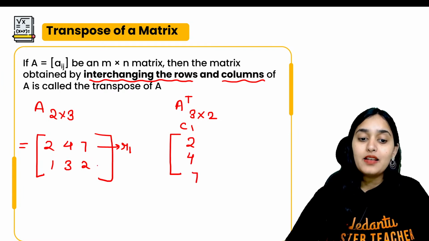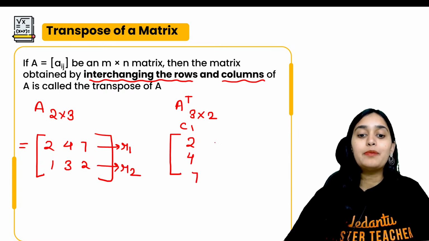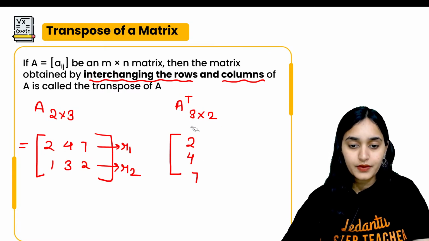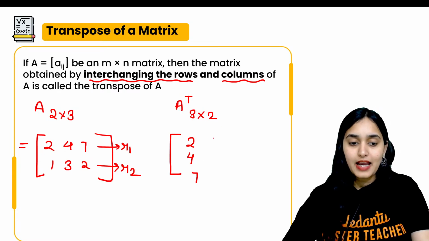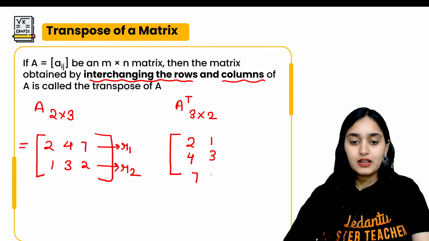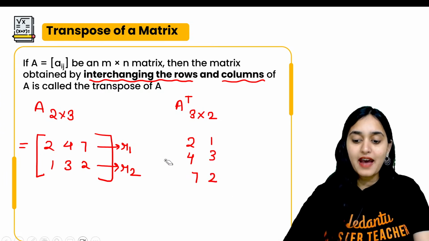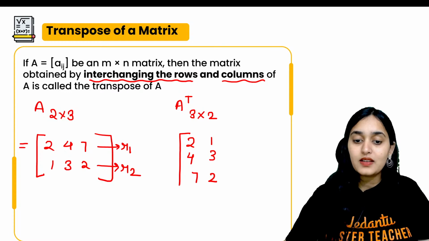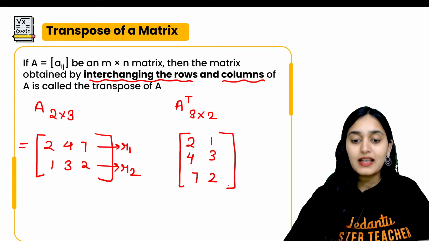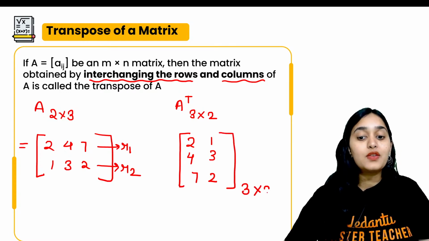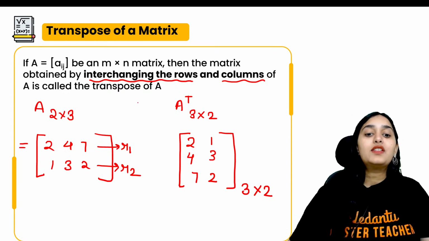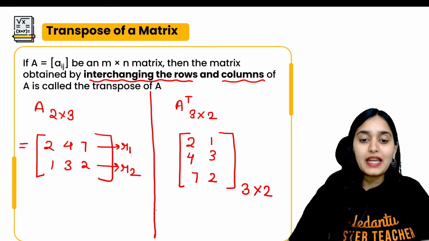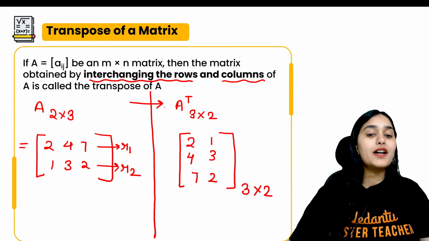Similarly, row 2 will become column number 2, so I will write it as 1, 3, 2. Now I have my new matrix, which has 3 rows and 2 columns, right? Like this we obtain the transpose of a matrix.